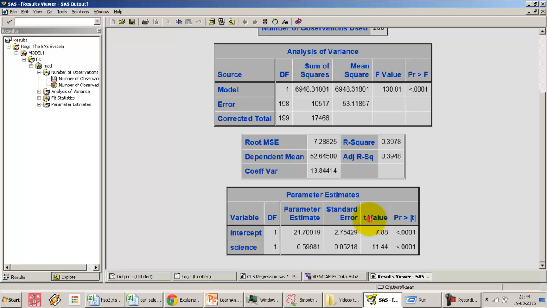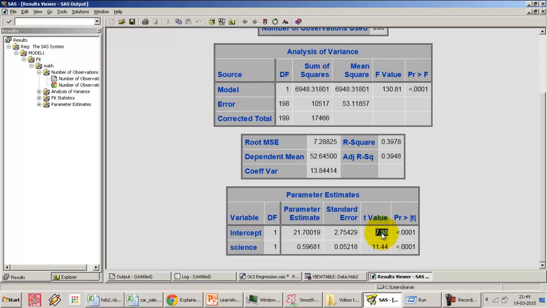Now the next columns we get are the t value and p value. So a hypothesis test has been carried out. This is an example where a single sample t-test has been carried out. The null hypothesis over here is that the estimates, both the intercept and the beta 1 estimates, are actually 0.